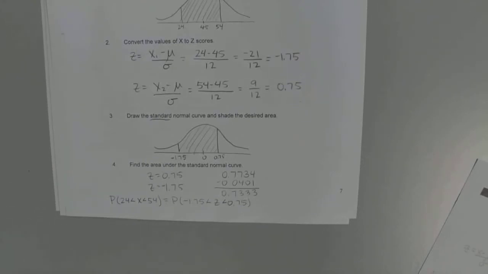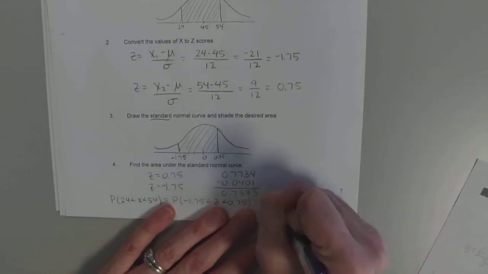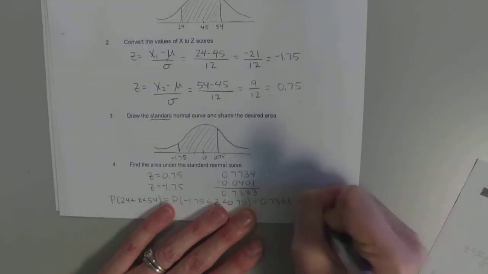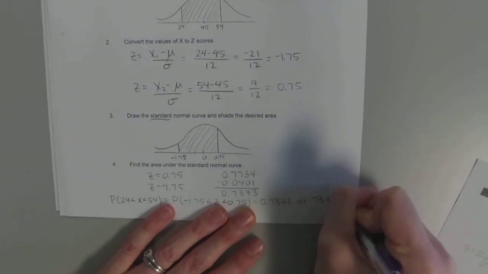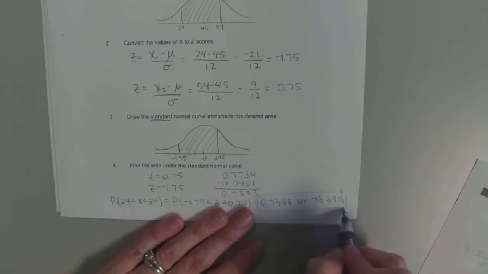Okay? So notice your variable went from a normal x to standard normal z. 24 went to that negative z-score of negative 1.75. And 54 went to that positive z-score of 0.75. And what was our answer? 0.7333 or 73.33%. And guys, this is all I am looking for as an answer, okay? You do the math and just circle it, and that's what it is.